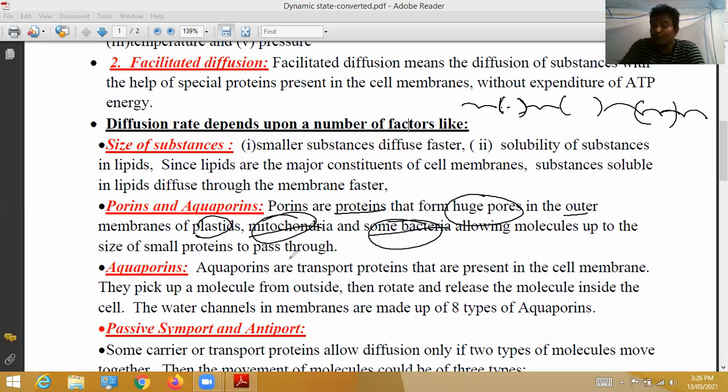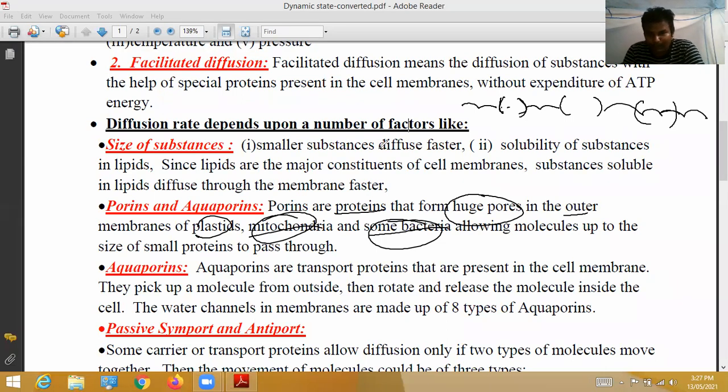In the previous topic we discussed that smaller substances diffuse faster, and if substances are dissolved in the lipid component, they also diffuse faster. Like that here, porins are also protein substances.